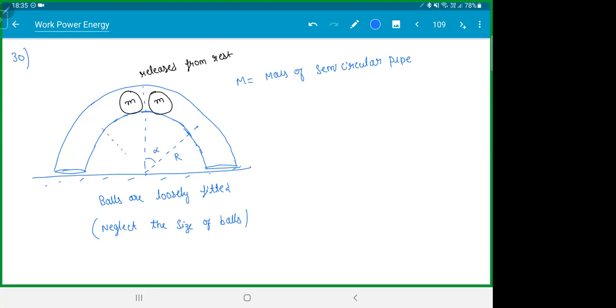So the question is, as both the spheres are coming down on both the sides, find alpha when the semicircular pipe lifts off the ground.